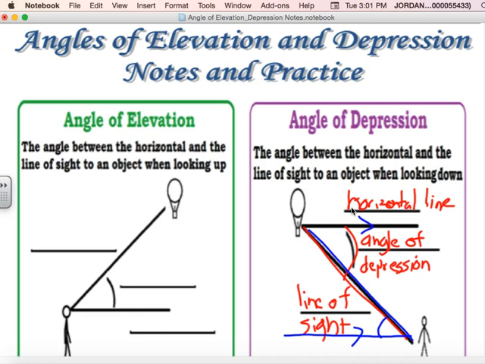The horizontal lines are parallel, so we have alternate interior angles. The angle of elevation and the angle of depression are alternate interior angles made by the two parallel lines and the line of sight going through it. So we know those two are going to be congruent to each other, which is something that will help us out in these problems to make triangles that we understand a little bit better.